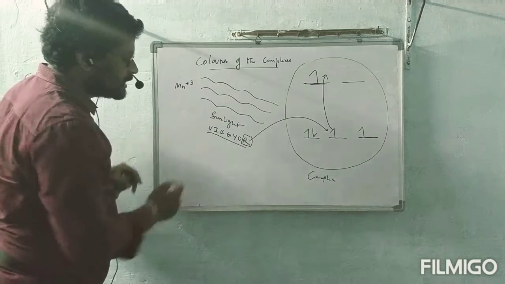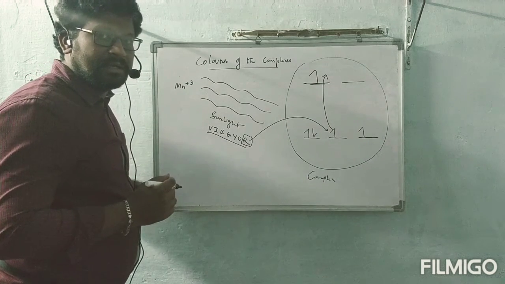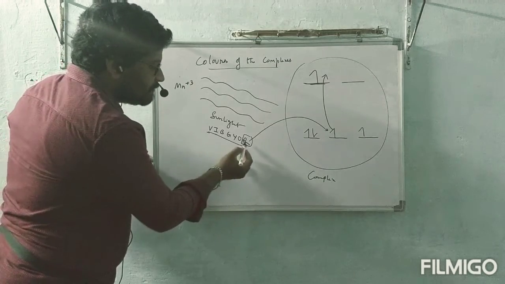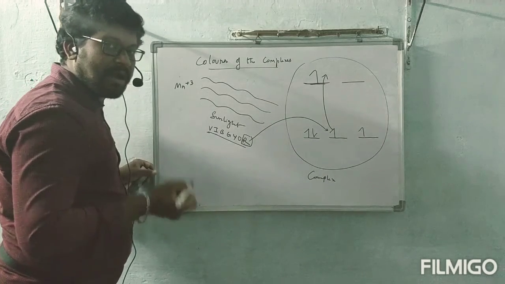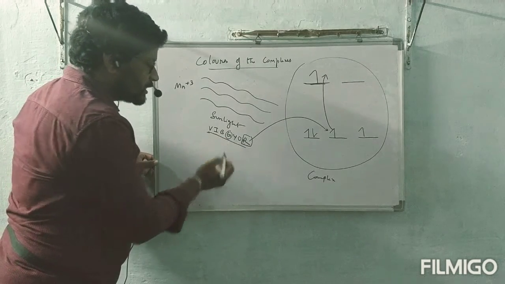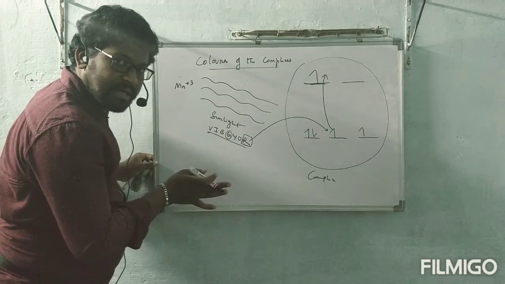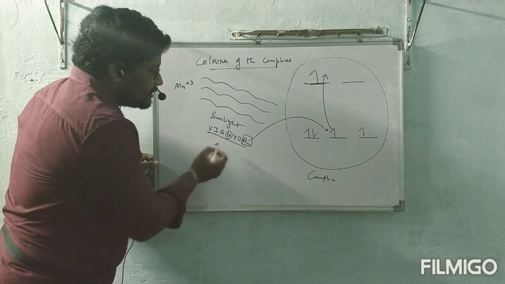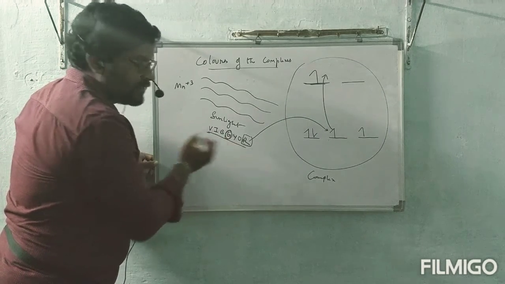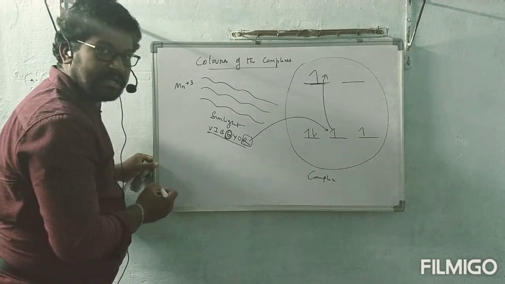Then all the remaining colors are there. All colors will not come out. For this red, some complementary color will be there, like green. After removal of red, the remaining colors are dominated by the complementary color of red. Then we observe green color.